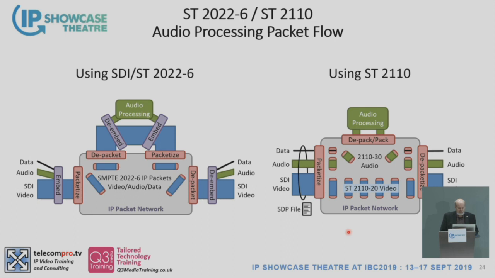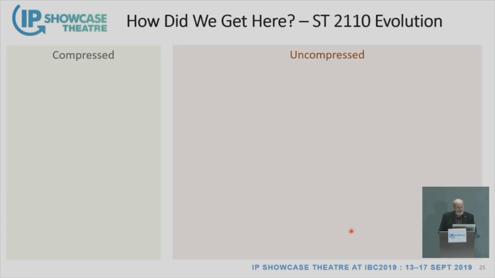So the next thing I'd like to show is sort of an evolutionary flow of how we got from where we started to where we are today with ST2110. One of the earliest video over IP standards that existed was Pro-MPEG COP3. That's MPEG-2 transport stream compressed video, constant bit rate over IP.